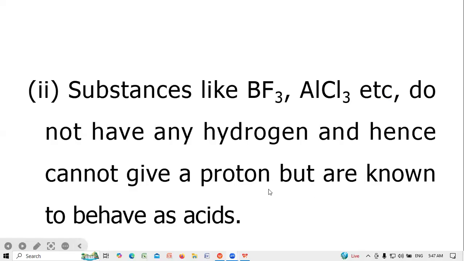I have already discussed aluminum trichloride is a Lewis acid. It acts as an acid, but in this example there is no hydrogen, so it cannot explain the acidic behavior.